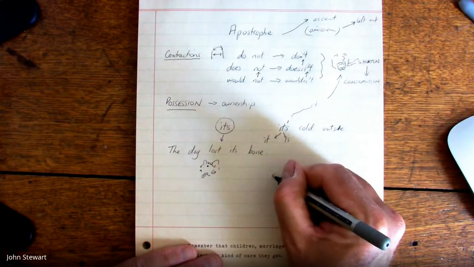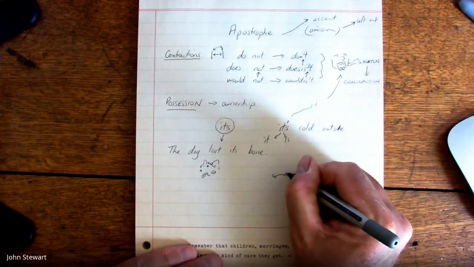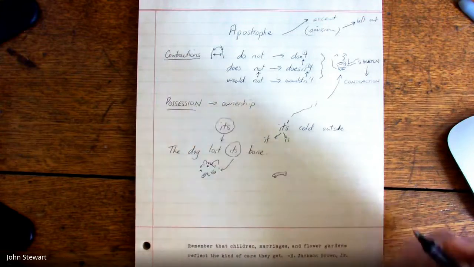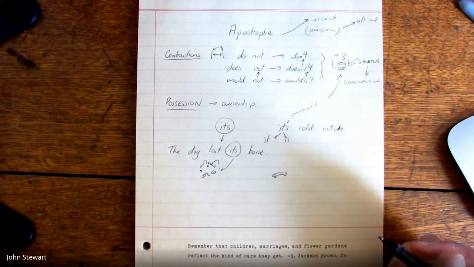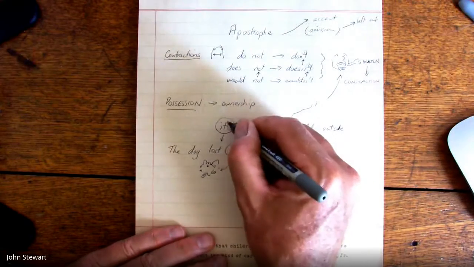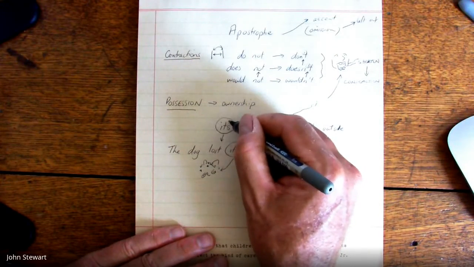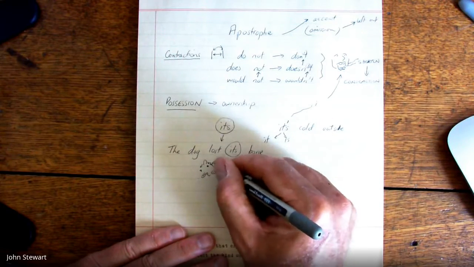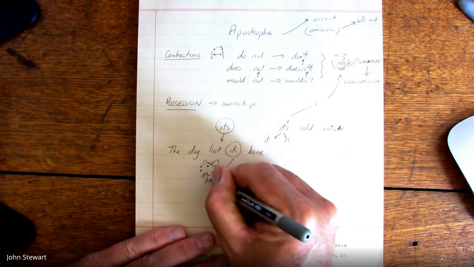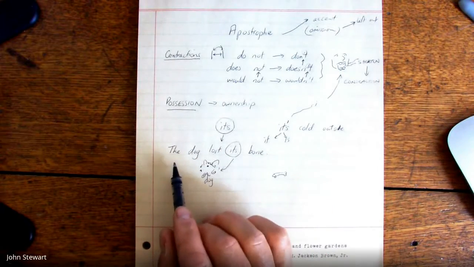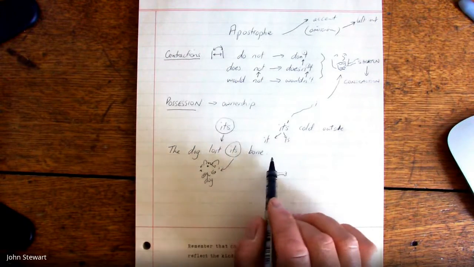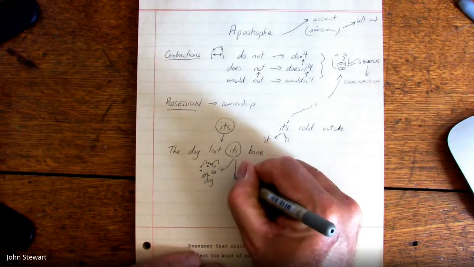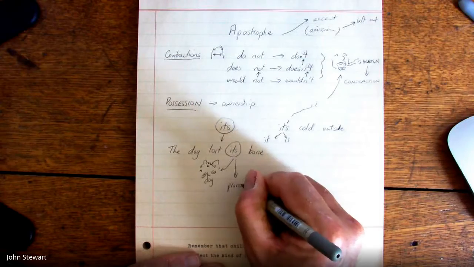Its bone is lost. So in this context, its is talking about the dog. Now, when we're talking about its as a possessive pronoun, a pronoun is a word that takes the place of a noun. This is a dog. It would be silly for us today to say the dog lost the dog's bone. So we use this its, which is a possessive pronoun.